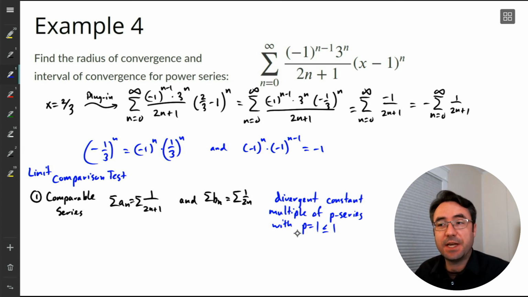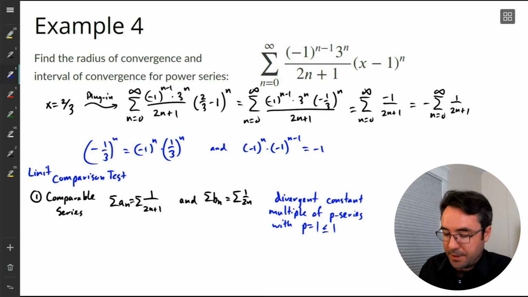So we know a p-series is divergent if the p-value is less than or equal to 1. So we're going to do the limit comparison test.